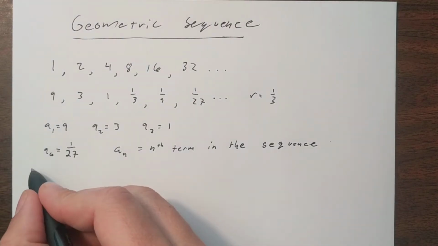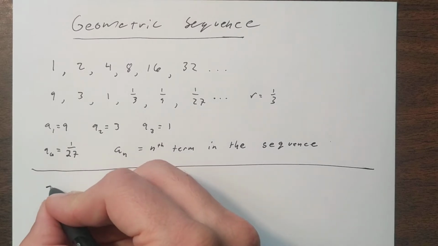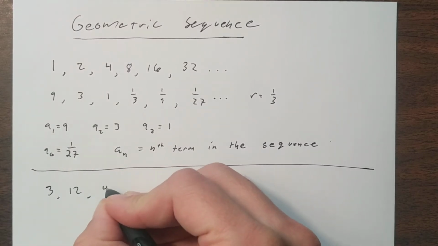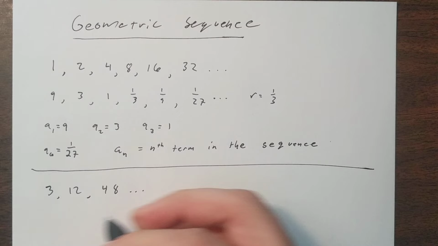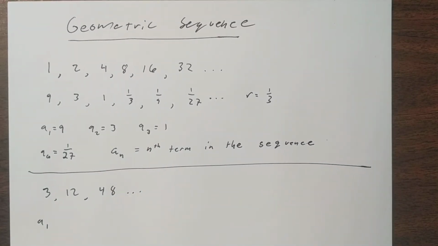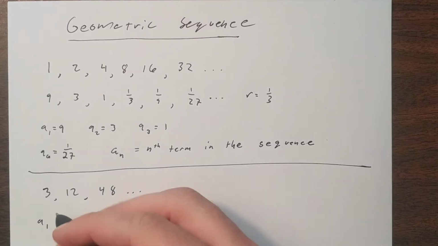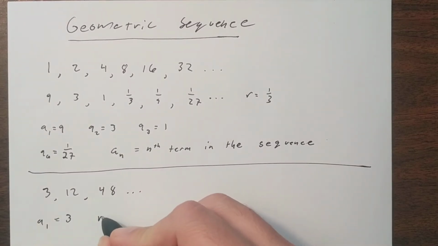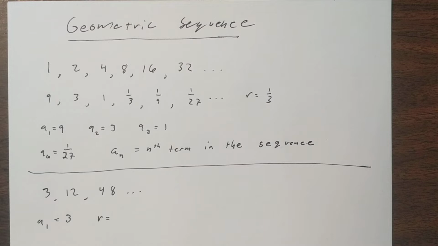Let's say here's my sequence: 3, 12, 48, ... I want to know the first term. The first term here is super easy to figure out. It's 3. What about the rate? The rate is a little trickier, although in this case it's pretty simple.